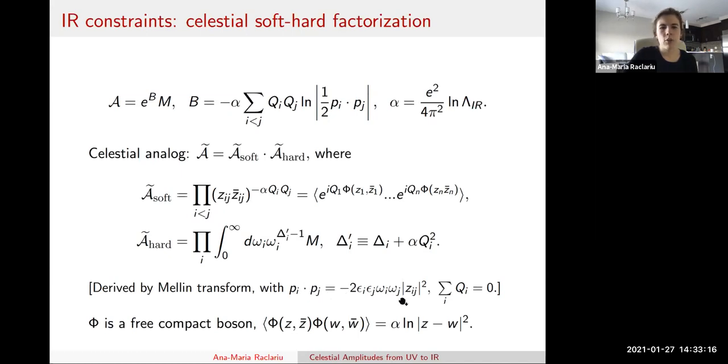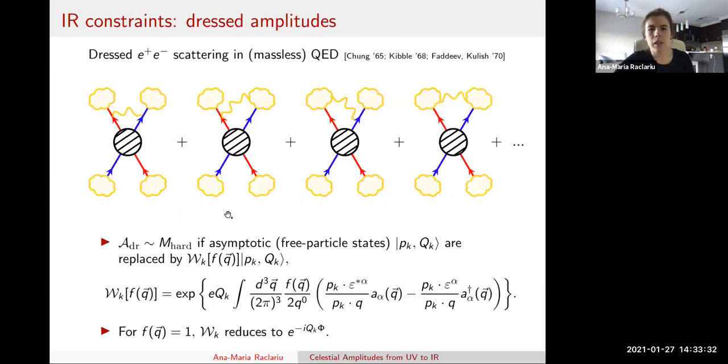This can be shown by noting that pi.pj takes this form and doing these Mellin transforms. Charge conservation also has to be used in this calculation. But this is not what I wanted to say.